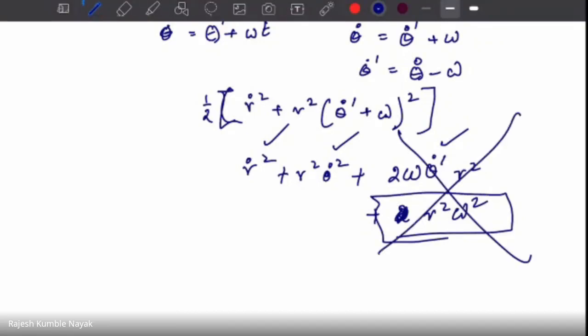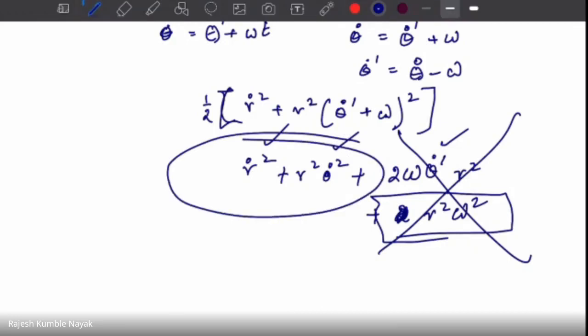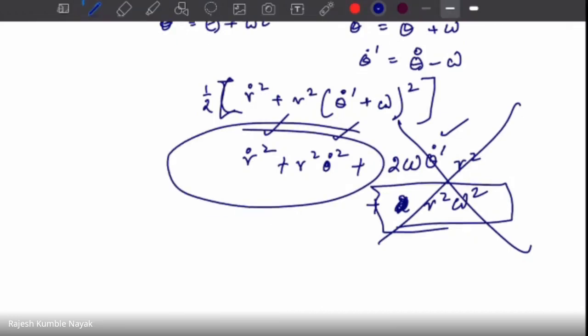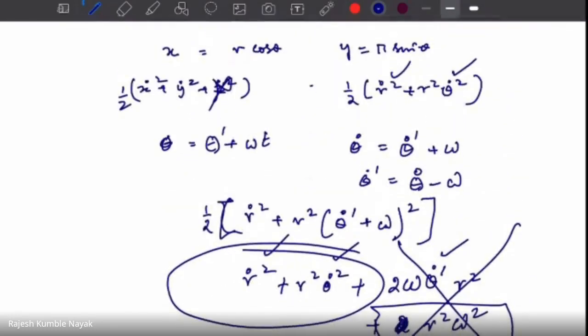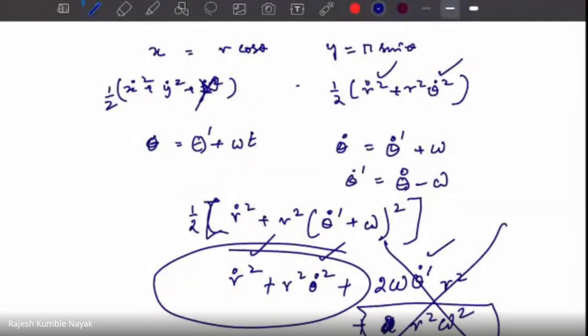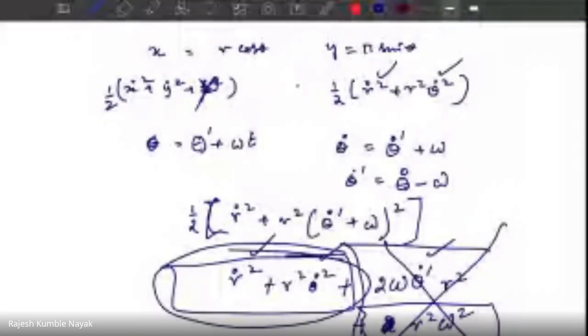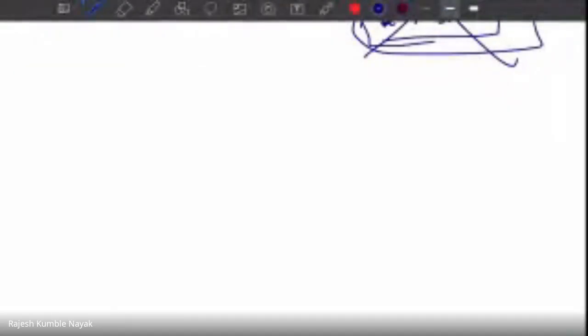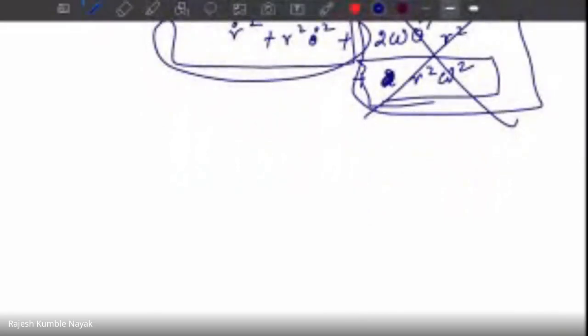It is this we are not interested in. We are interested in the coordinate system which allows only this. So we are interested in the coordinate system in which after transformation you will have only this kind of a term, not this kind of a term. Now it is not an issue when we come to full relativity. We will handle everything within the same framework.